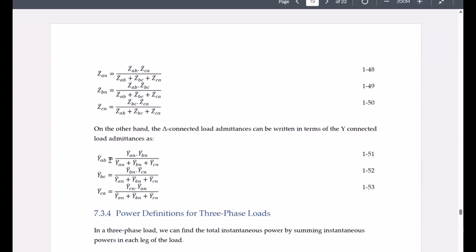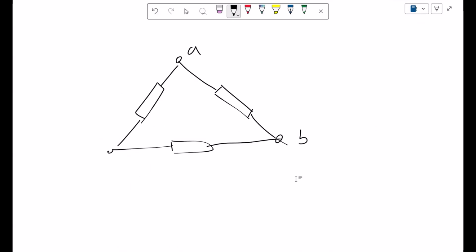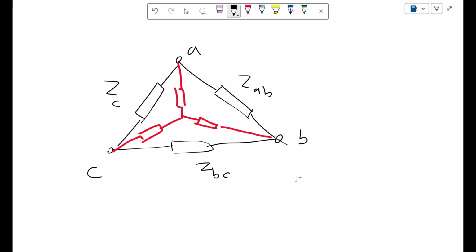Then you would find the admittance, and when you find the admittance, you can take the reciprocal of that to find the impedance. Looking at ZABC, this would be ZAB, ZBC, ZCA. This would be ZAN, ZBN, ZCN, right?